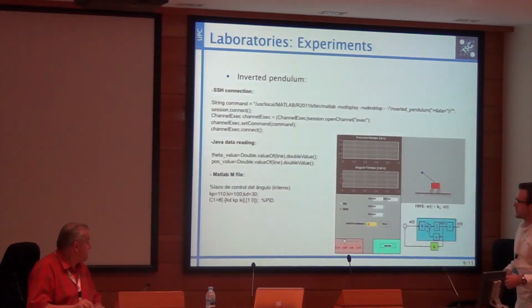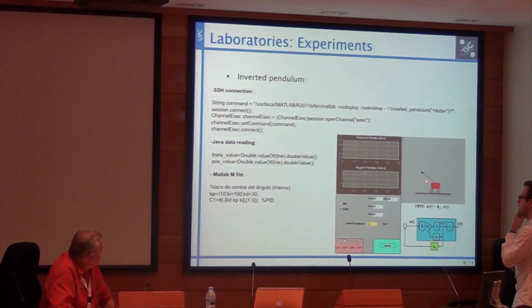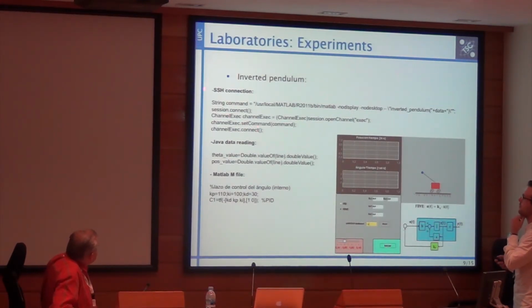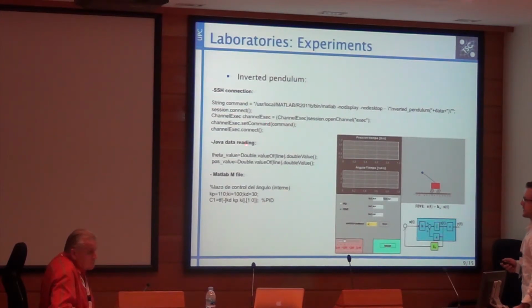The other experiment is the inverted pendulum. We can see that the interface is very similar, with the inputs, the controller, the graphs, and in this case the pendulum and the car. And I'm showing here the type of connection that we make: the SSH connection between the Java application and MATLAB, the Java data reading, and a few lines of MATLAB code.